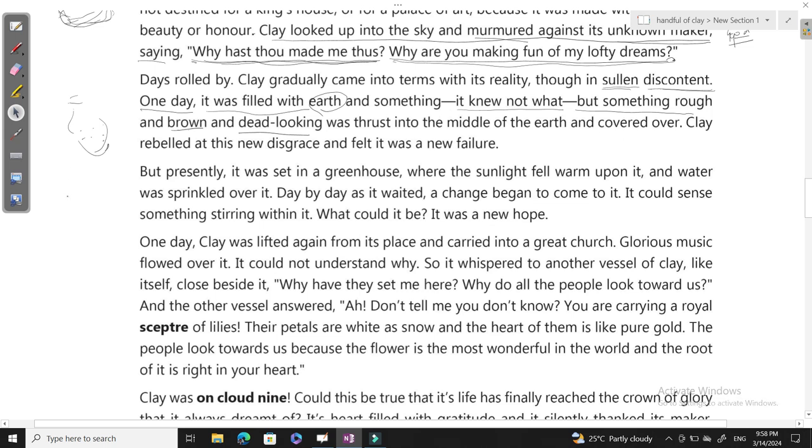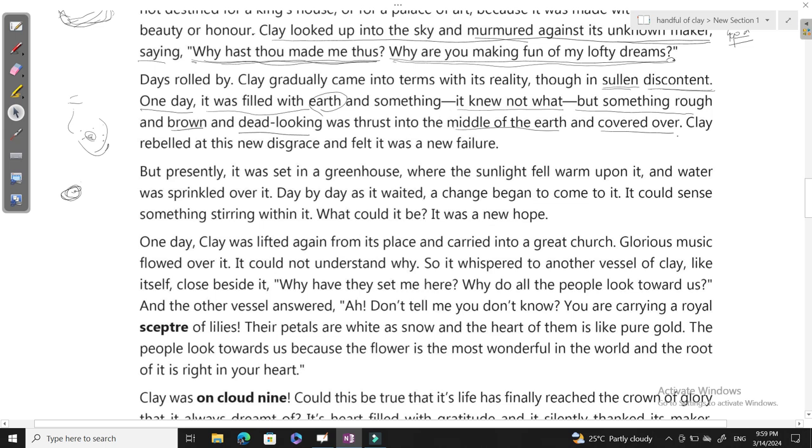You can see something brown and dead looking, it means a seed. Thrust means penetrated or pushed inside the middle of the earth.